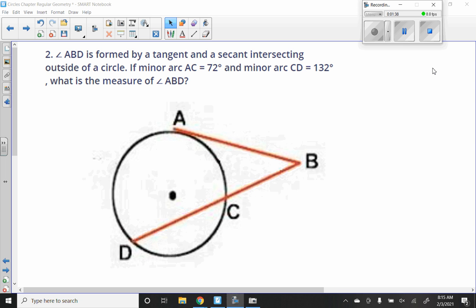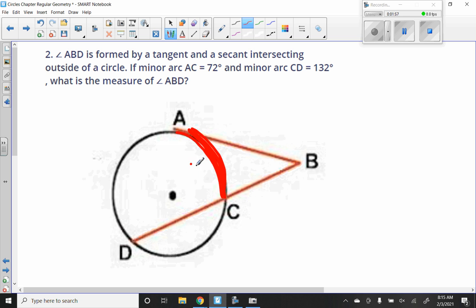Number 2 on the check for understanding. Angle ABD is formed by a tangent and a secant, outside of a circle. If minor arc AC is 72, that is right here. That is going to be our near. That's 72, the one closest to our angle.